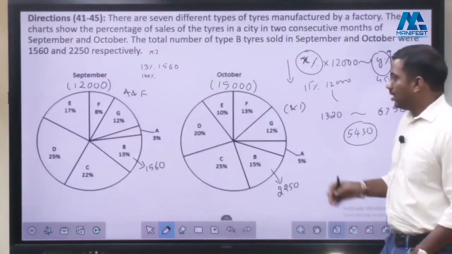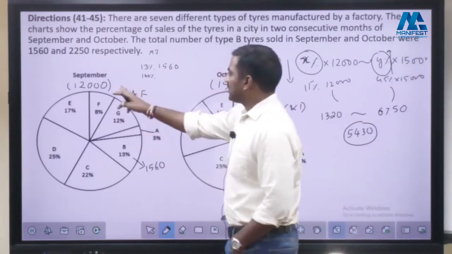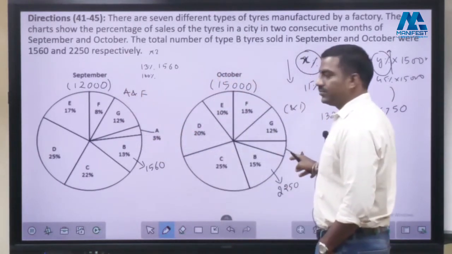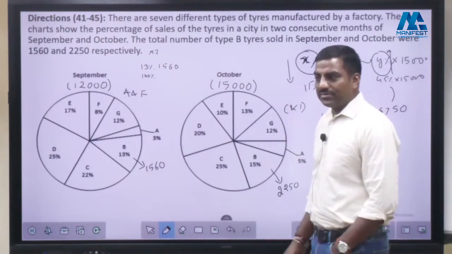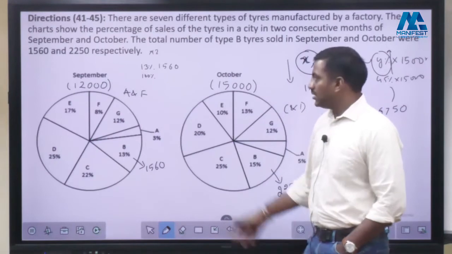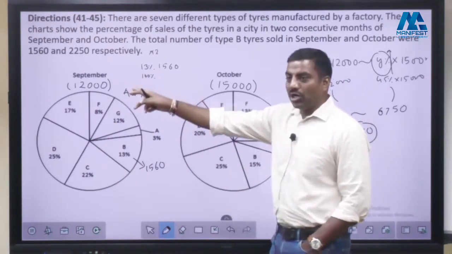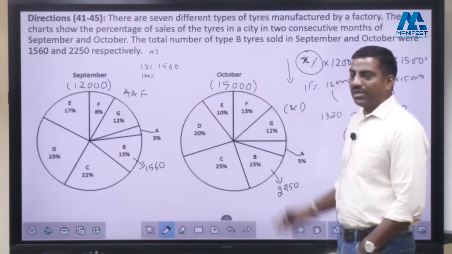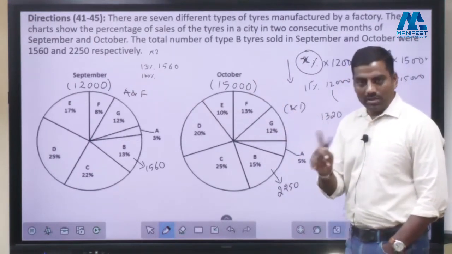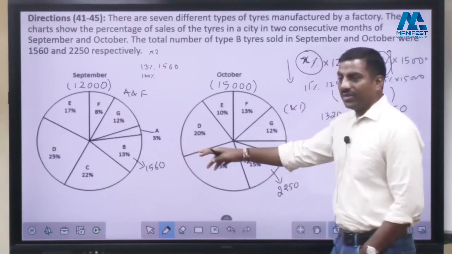See here. Let us start from A. 3% of 12,000, and here 5% of 15,000. There is an increase. 3% of 12,000, small percentage of a small number, 5%, bigger percentage of a bigger number. So there is no fall. There is only a rise.